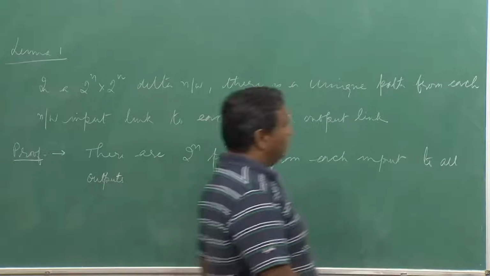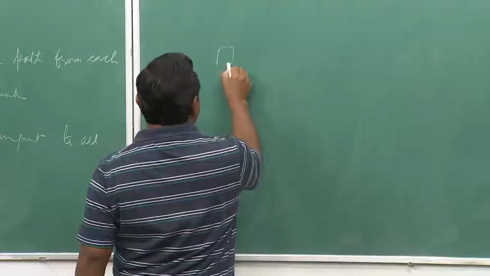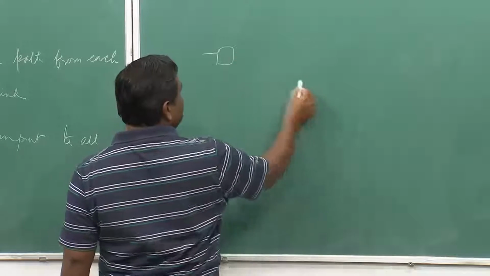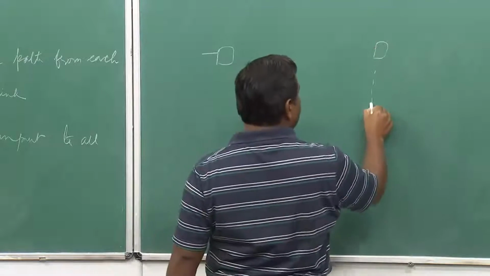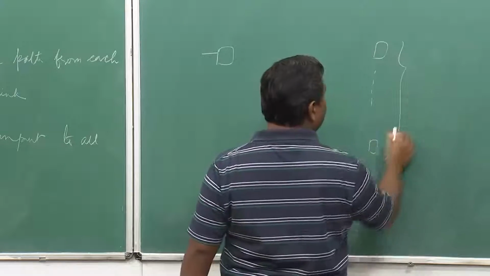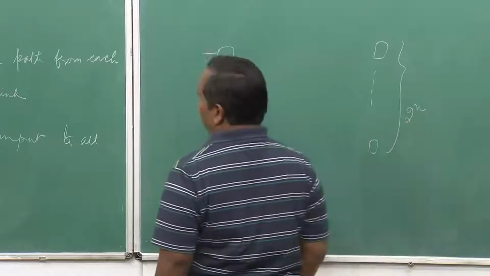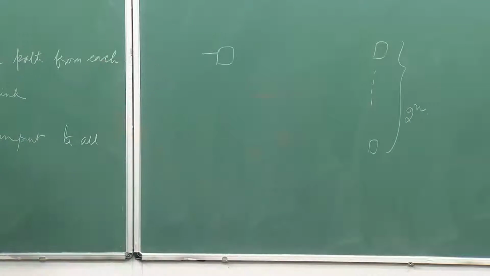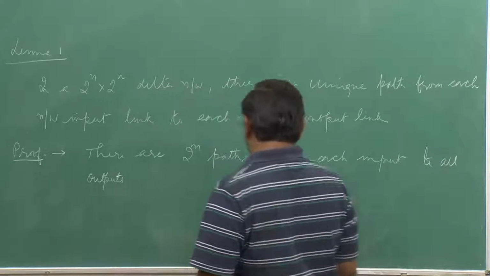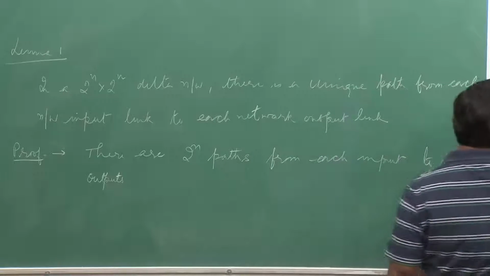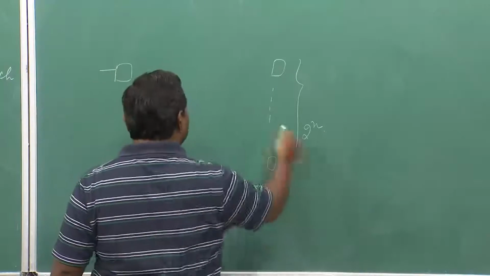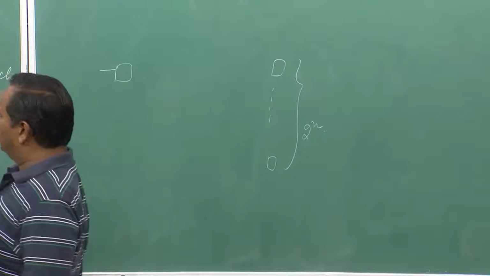So, what does it actually mean is that you have one input and there are 2 raised power n outputs, it is a 2 raised power n by 2 raised power n delta. So, there has to be 2 raised power n paths from an input to this, then only there can be a connection which is there.